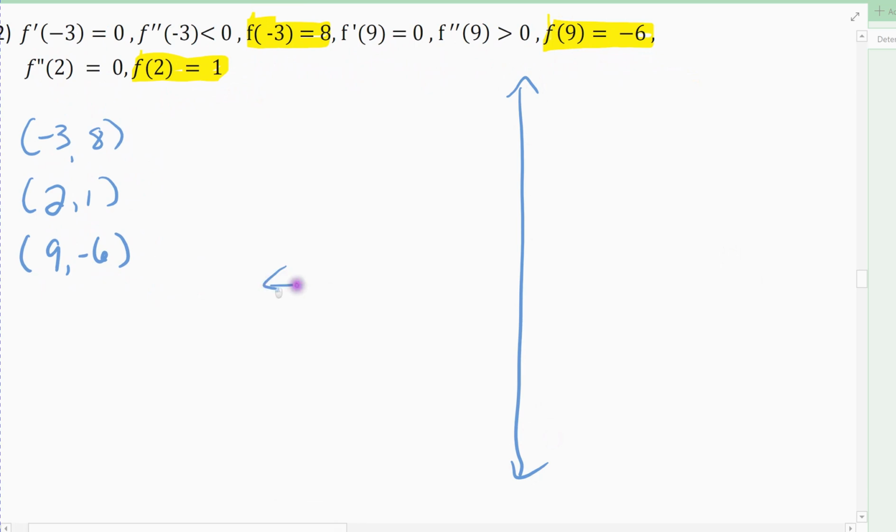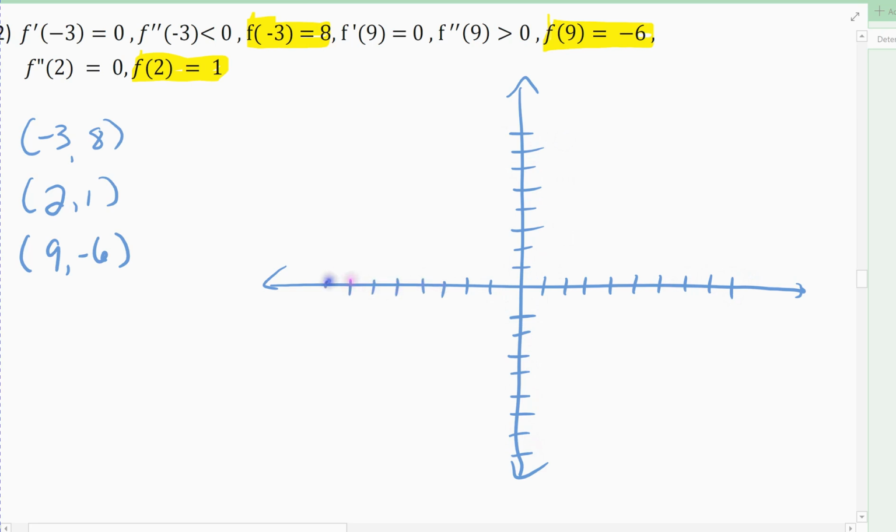Alright, so I'm going to mark off. So I know I have to go out to 9. So 1, 2, 3, 4, 5, 6, 7, 8, 9. Alright, so this would be my 9. And so 9, negative 6.